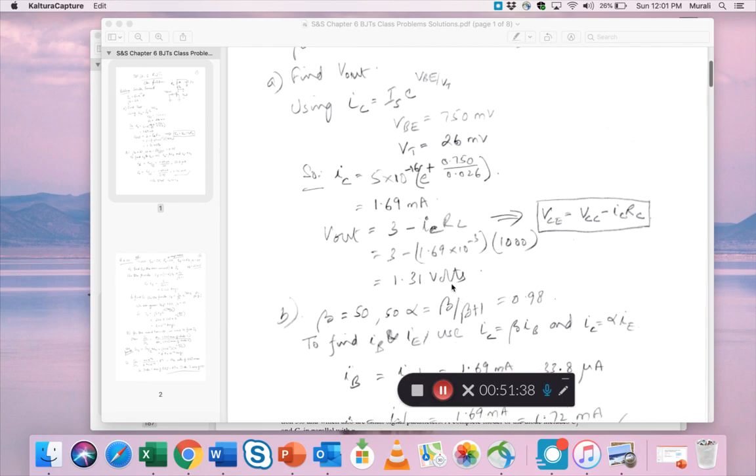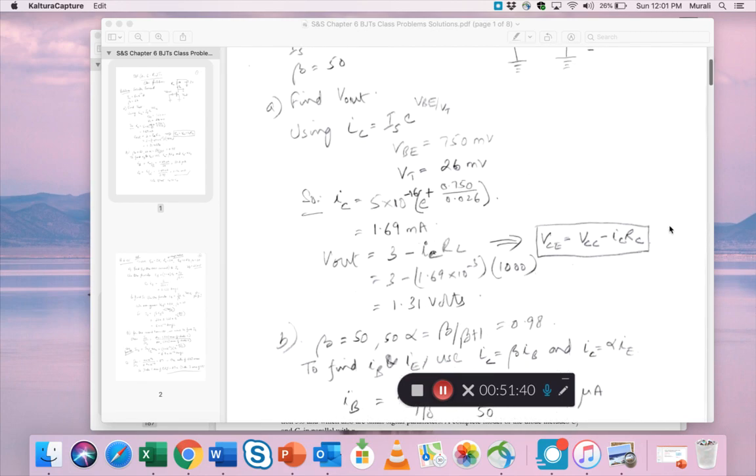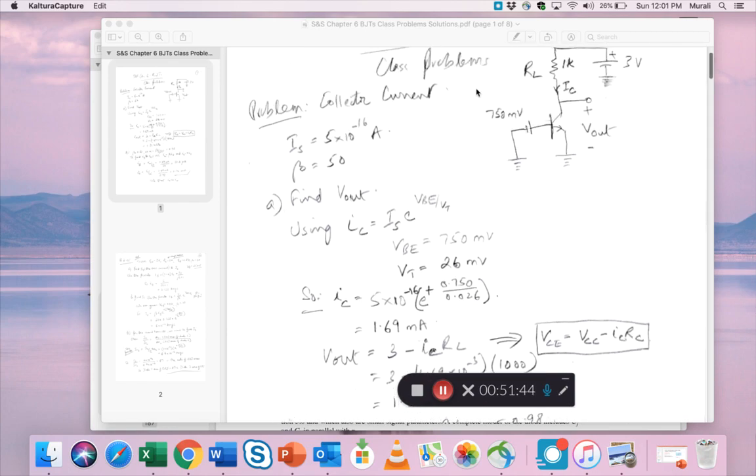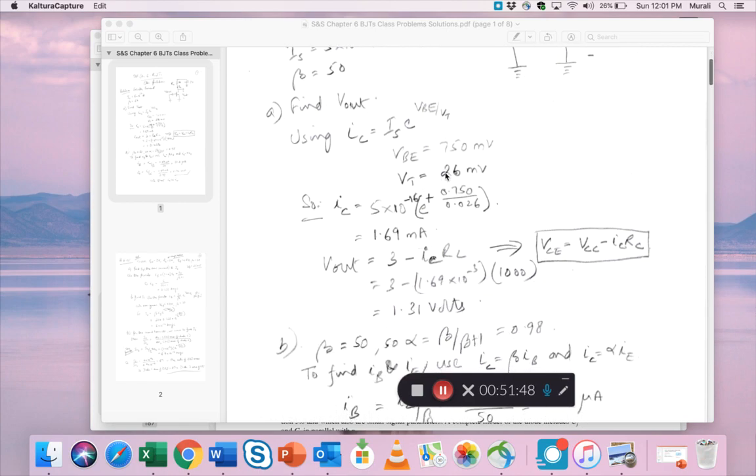Now you can actually answer one more question right away. VCE is 1.31 volts, and we know VBE is 750 millivolts. So can you tell that this is active mode? Yes, because anytime VCE is greater than 0.3 volts, you can say that the transistor is in active mode. So remember that fact.